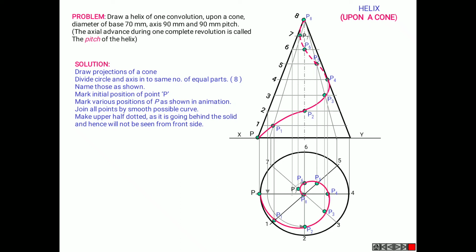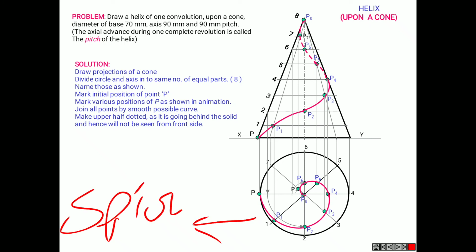So this is your required spiral and that is your helix. This will be your spiral and this is your helix.